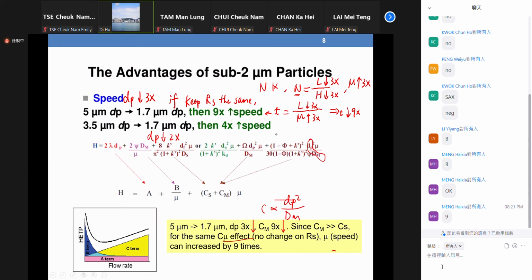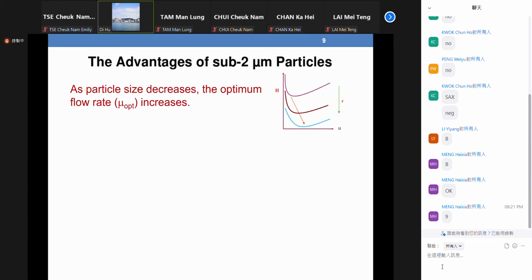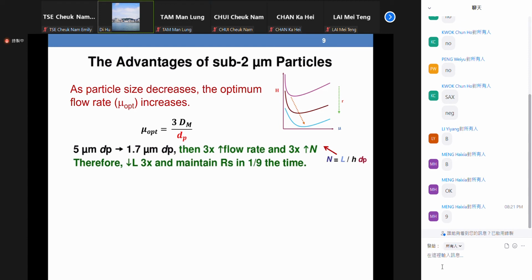And as particle size decreases, mu optimized increases. This is what we already mentioned, right? So when dp decreased by 3 times, the optimized flow rate, mu optimized, increased by 3 times.